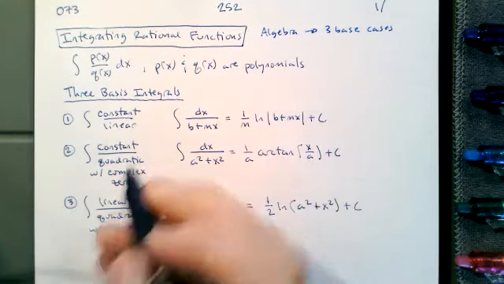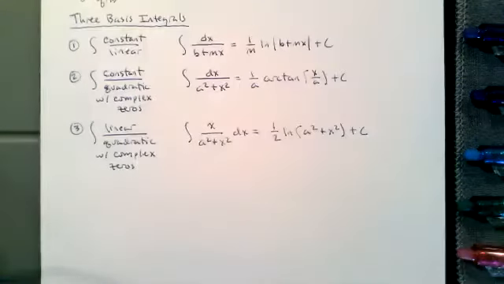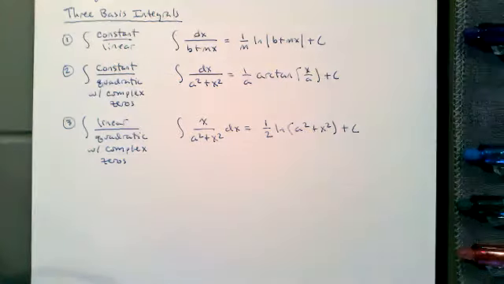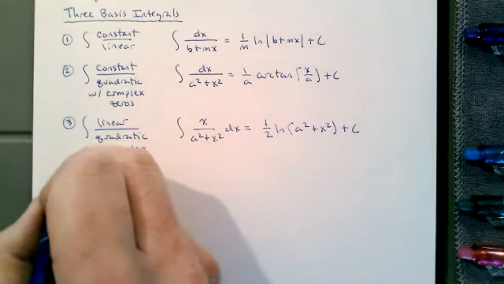But I wanted to have the constant over a linear. We should also concern ourselves with a constant over a power of a linear. Maybe instead of 3, I should have a 4th. I think I forget to include this one because I just forget to do this one very often.